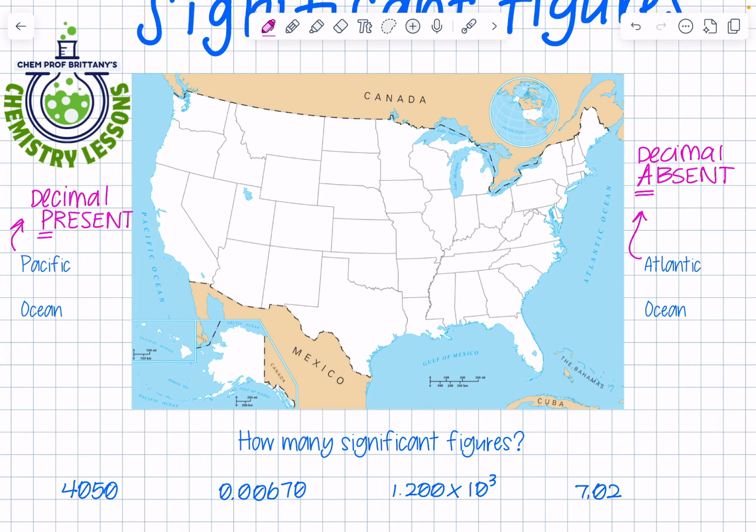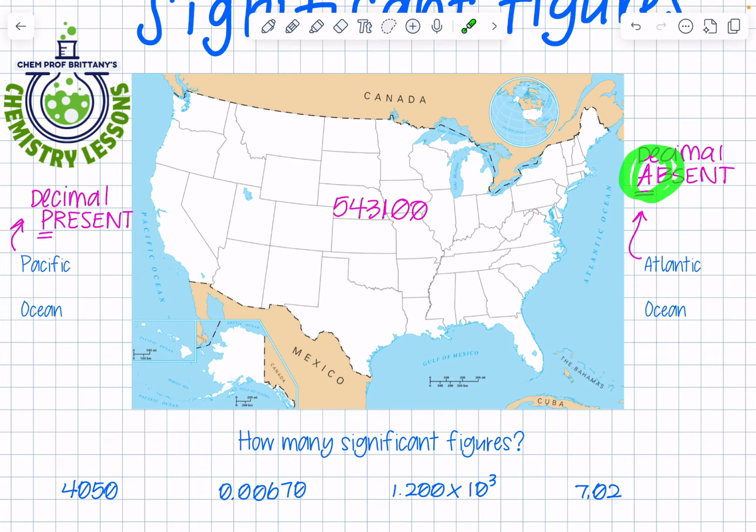Okay? So what you're going to do is you're going to take whatever number you have. I'm just going to make up a number here. 543100. You're going to look at your number, determine if the decimal is present or absent. In this case, I do not have a decimal anywhere in the number, so it is absent.